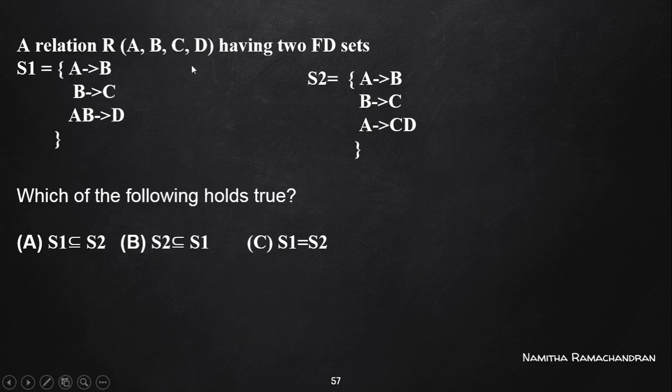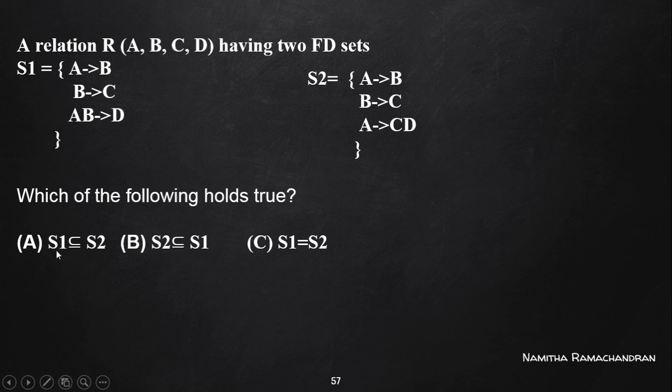Consider another example with two different dependency sets, S1 and S2, with these dependencies listed here in S1 and S2. And the options are like this: A, S1 subset of S2, B, S2 subset of S1, C, S1 equal to S2. What is the meaning?